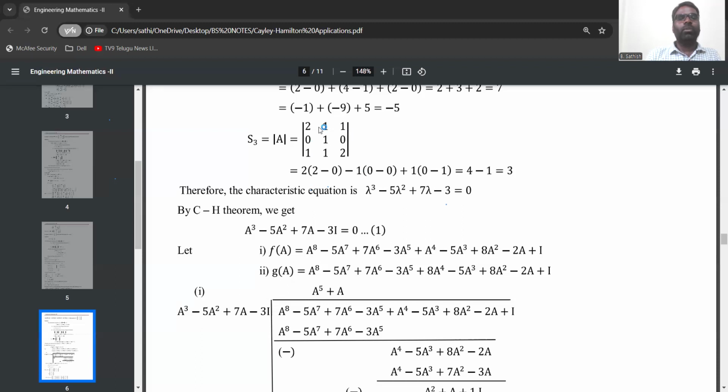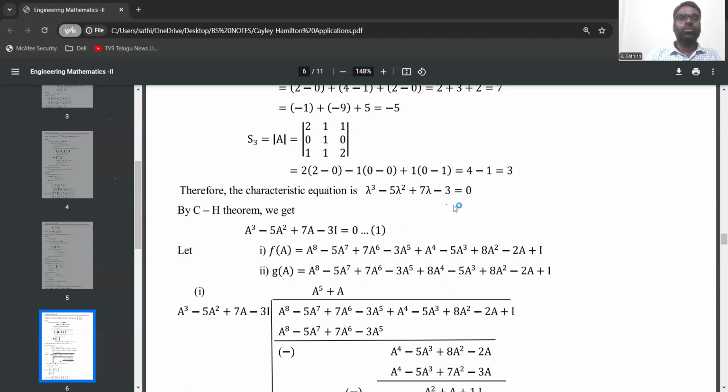Plus the last element, removing the first row and last column, we get 0 into 1 is 0, minus 1 into 1 is 1. So 2 into 2 is 4. Here we are getting 0, next plus 1 into minus 1, minus 1. So 4 minus 1 is 3.